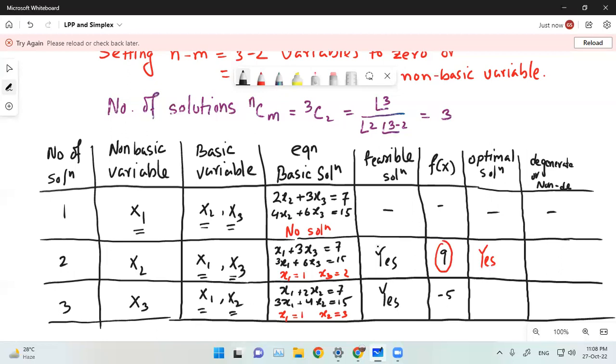But here, this is non-zero, this is non-zero, this is non-zero. So that means these are non-degenerate. Similarly, here as well, non-degenerate.